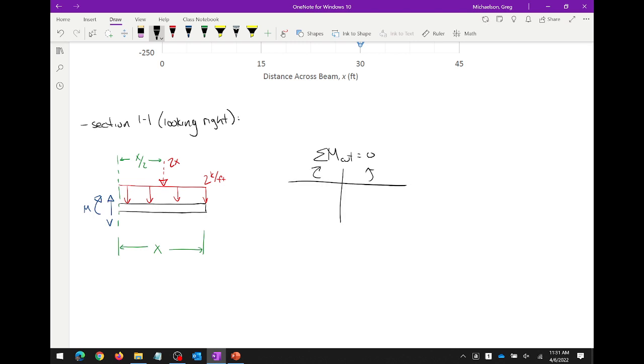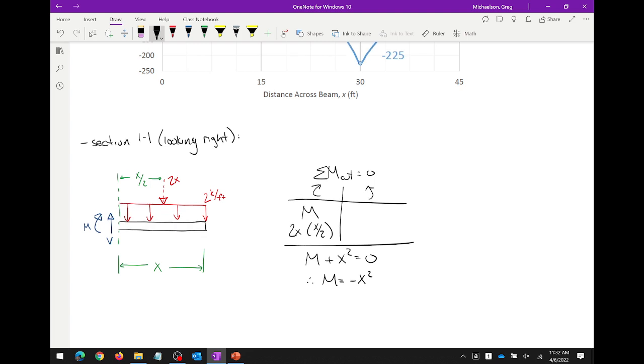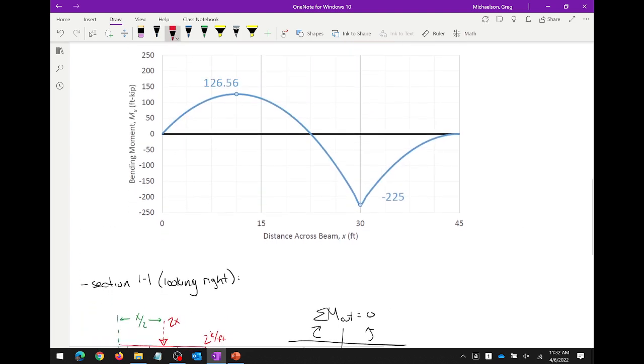Y'all remember doing this? Oh, it's bringing it back, isn't it? So we say M, we say 2x, x over 2, nothing the other way. M equals negative x squared, right? So I can go up here and I can say that this function is M equals negative x squared.